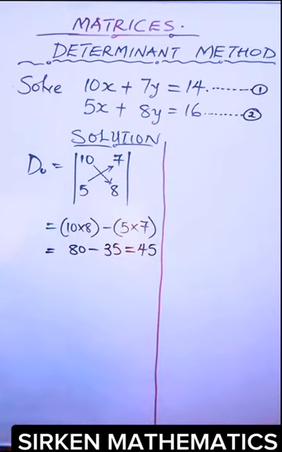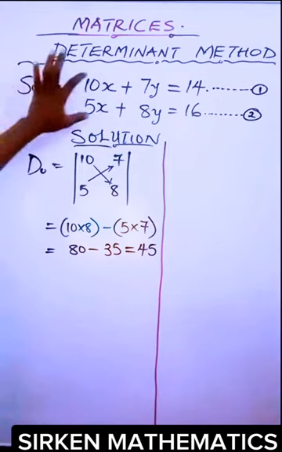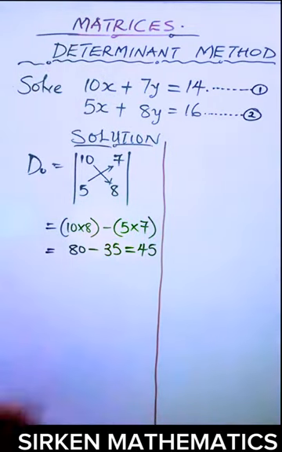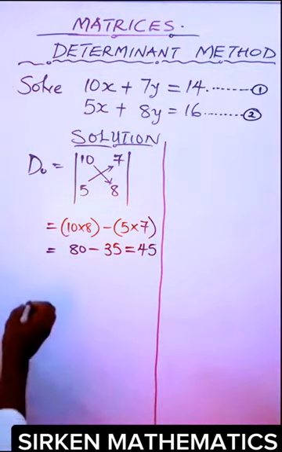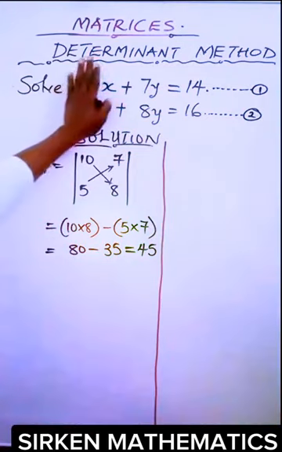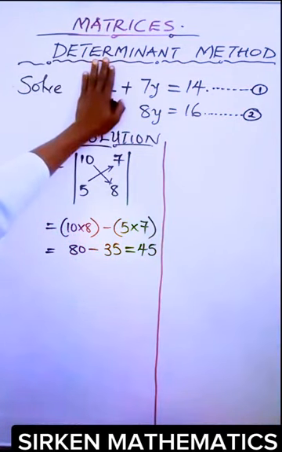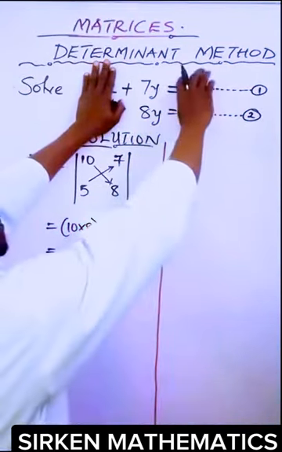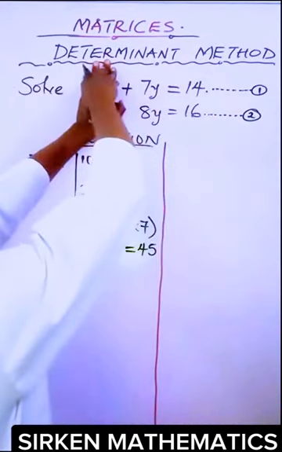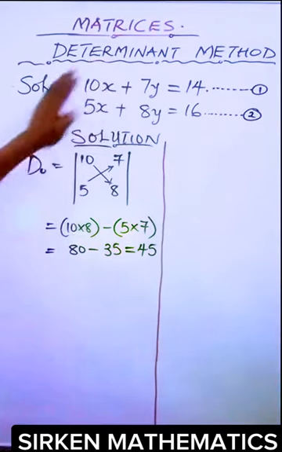Now, I want to find x. What I will do is close this x, everything about x, and use this constant to replace it so that I can get x.